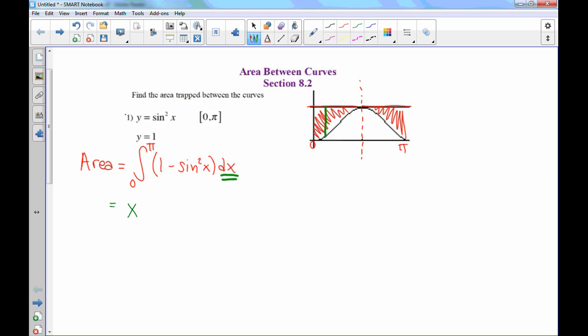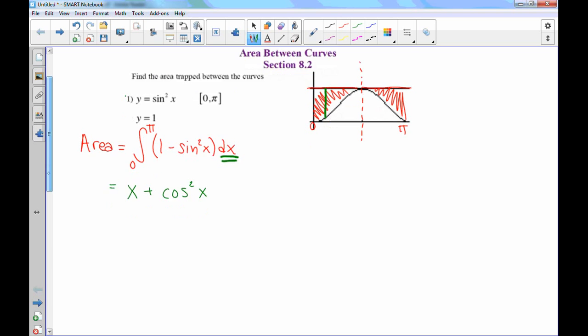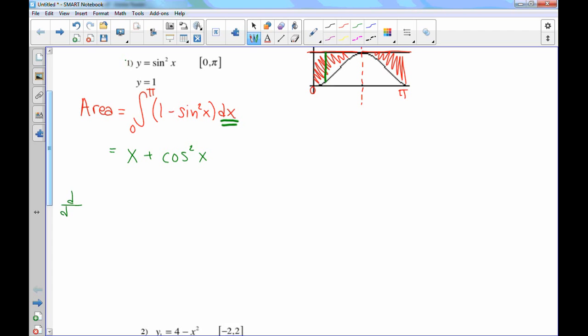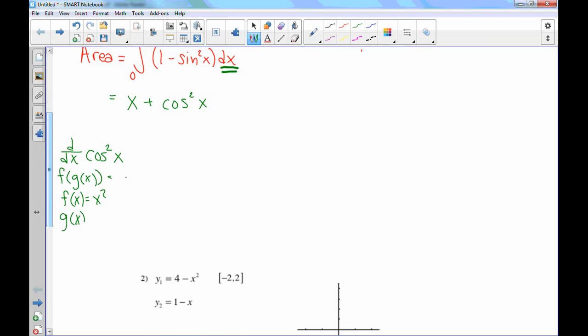What do we get when we integrate negative sine squared x? Okay, so you take positive cosine squared x. Now make sure it always goes backwards. If we took the derivative of cosine squared x, this is an f of g of x, where f of x is x squared and g of x is cosine x.